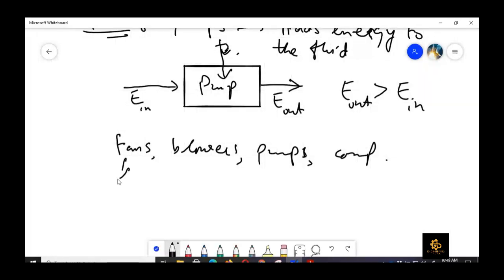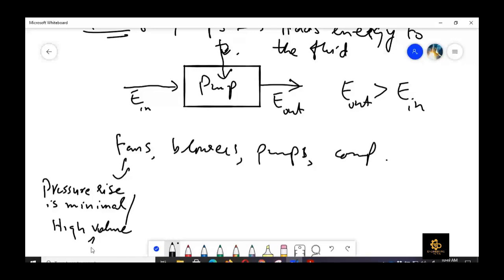In fans, the pressure rise is minimal, but we are more concerned about high volume flow rate. Right? And then what about the blower? Like the dryer we use at home to dry our hair. In this case, the pressure is intermediate and volume flow rate is quite significant.